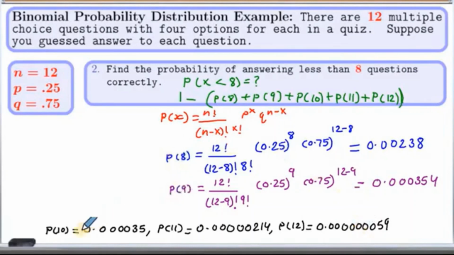Now what we need to do is add all these probabilities together, that is probability of 8, 9, 10, 11, 12, and subtract it from 1. So on adding all these probabilities, we get, let me just write it down here.